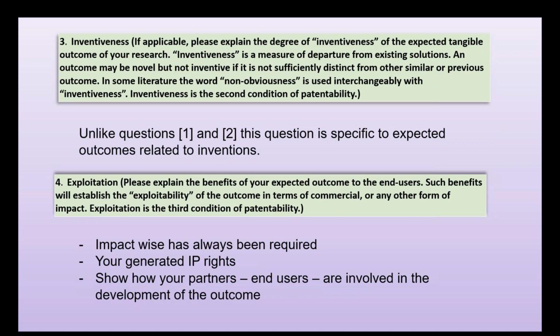Show us that the day you are done with your research proposal, your partner is ready to implement it. Show us how you will be evolving with him or her throughout your research proposal, so that we have the feeling that the expected outcome will really be utilized.